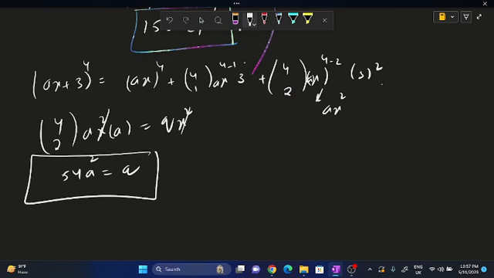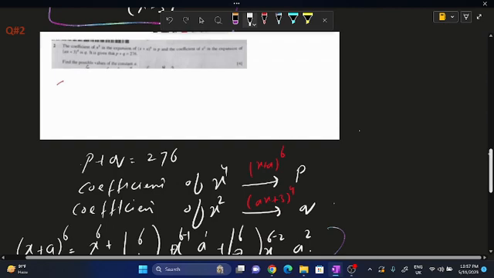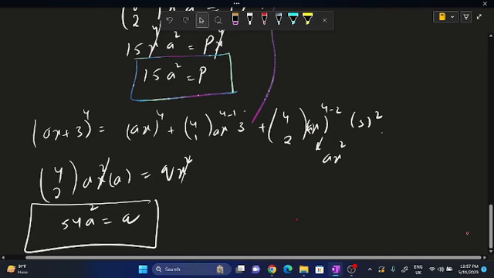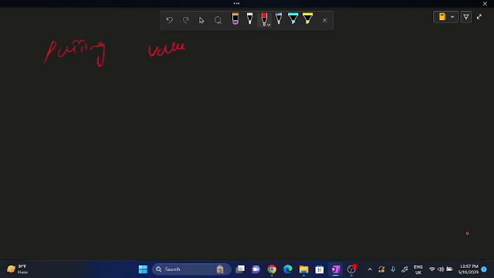Now I have to put the values of p and q in the equation. Mark the equation p + q = 276 as equation star. So putting the values of p and q in equation star, that gives you 15a squared + 54a squared equals 276.